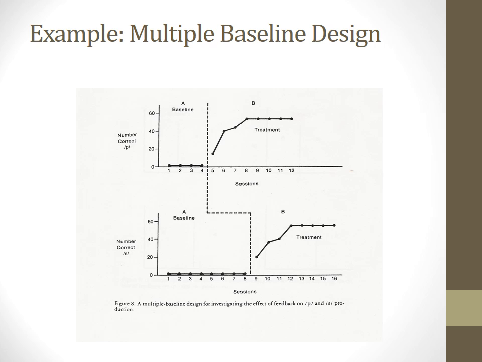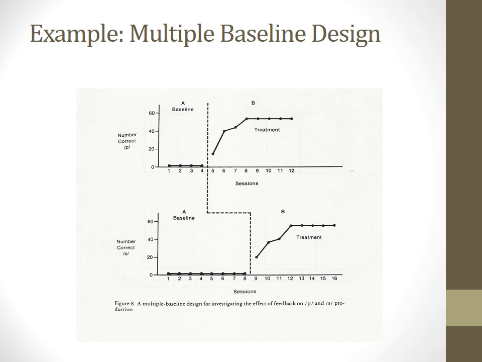So these researchers started baselining for both sounds at the same time, and when they had a stable baseline, that is, in this case, the child couldn't produce the P or S sounds correctly at all, they began treatment of P. And you can see by the dotted line that even while they were treating the P sound, they were still collecting baseline data for the S sound. Once it was pretty clear that the treatment was working for the P sound, they then implemented treatment for S.